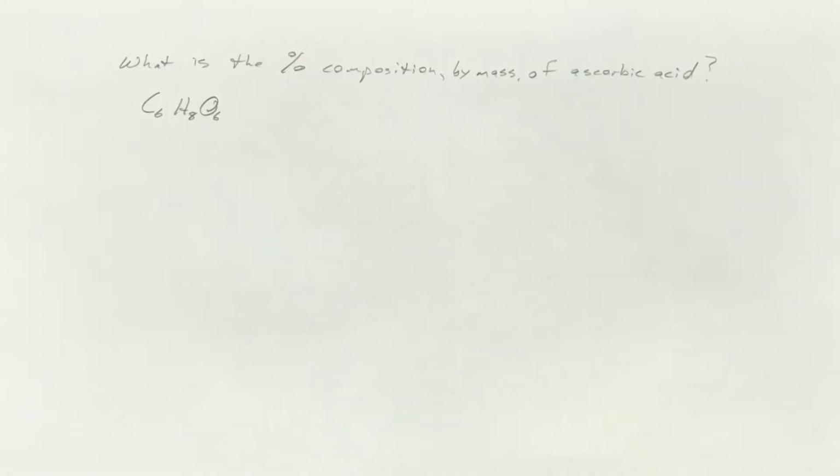And what we're saying is, okay, there's got to be some mass of carbon in a certain amount of ascorbic acid, some mass of hydrogen in a certain amount of ascorbic acid, and a certain mass of oxygen in a certain amount of ascorbic acid. What are the percentages? If we added up the individual masses, we should get to 100%. And what we're saying is, well, what would the percentages work out to be?